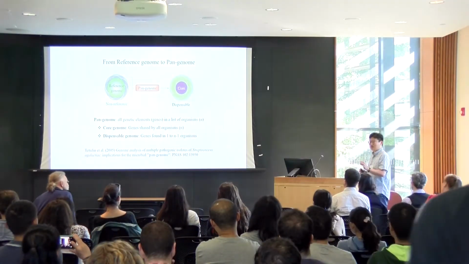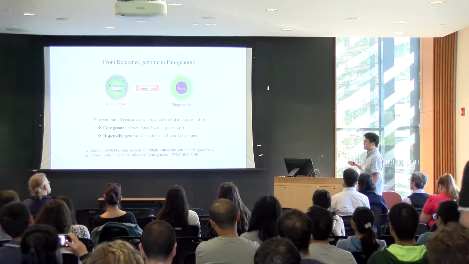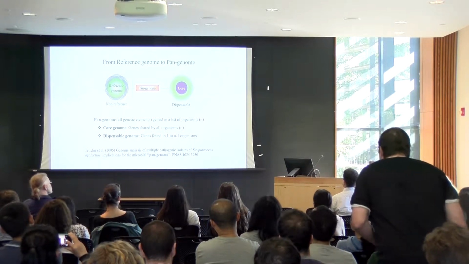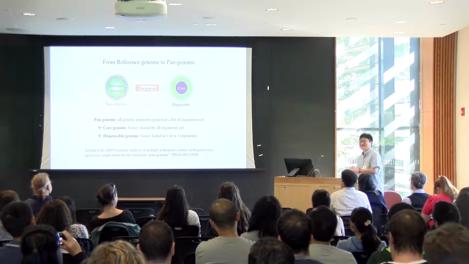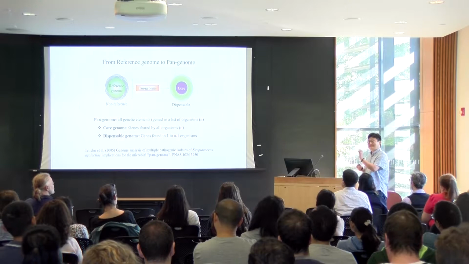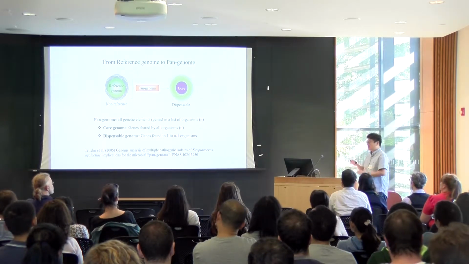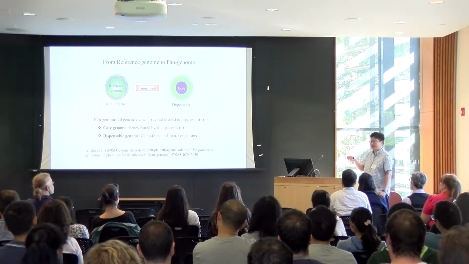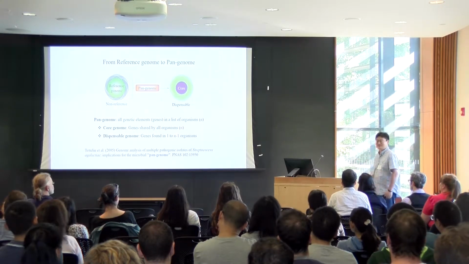Those are core genes, essential genes. But you also have the dispensable genome: genes found in 1 to n-1 organisms. Those genes contribute to the unique traits of the organism. Both are important, but the dispensable genes are even more interesting because they relate to interesting traits.